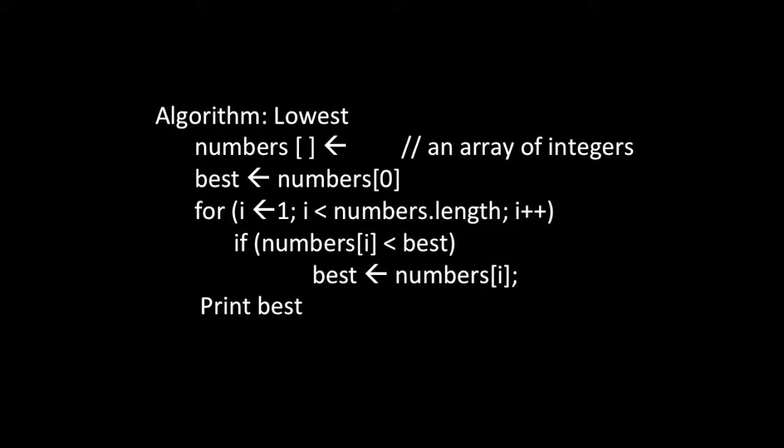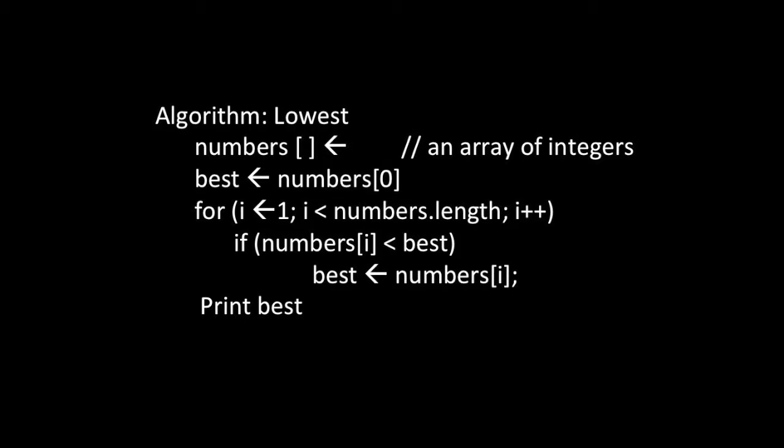I'll generalize the problem to that of finding the lowest number in an array. Here's the algorithm. My algorithm is called lowest, and it's going to assign to an array some set of integers.